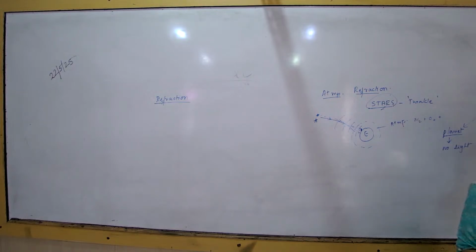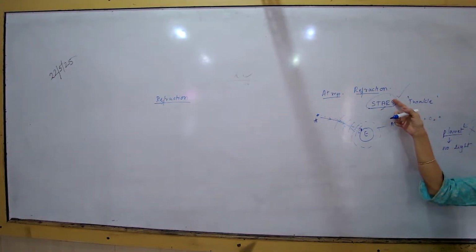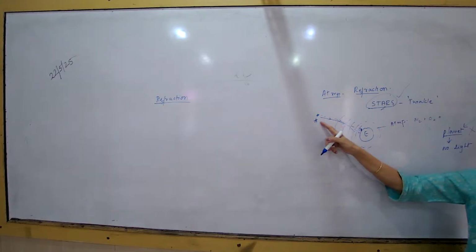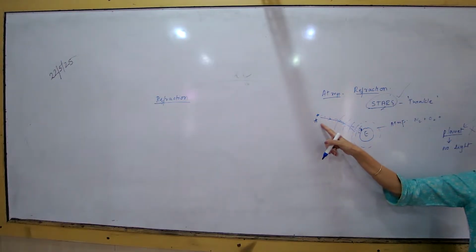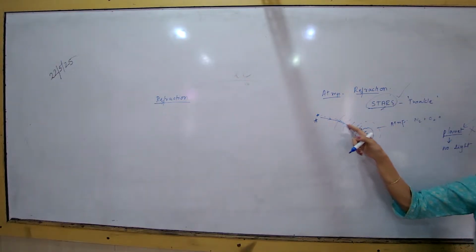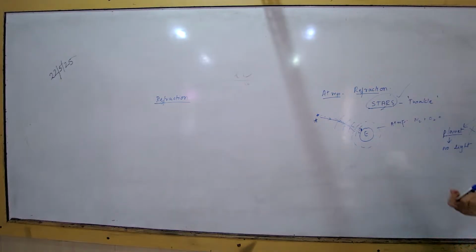That's why the planets don't twinkle, whereas the stars show this twinkling phenomenon. That's one, because of the distance, and second, because the starlight is passing through various layers of atmosphere before reaching us. Is that very clear? So we'll read the last part, the middle paragraph, twinkling of light.